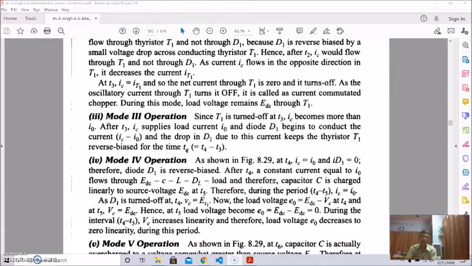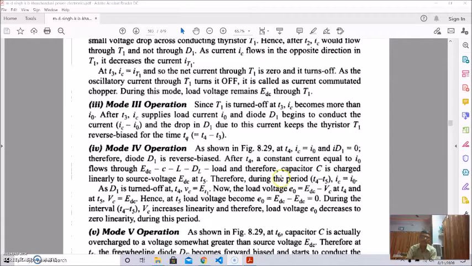And at mode 4 operation, at T4, IC equals I0 and current through diode D1 is 0. So ID1 is 0 and therefore diode D1 is reverse biased. And after T4, a constant current equal to I0 flows through the path EDC, C, L and DL and to the load.